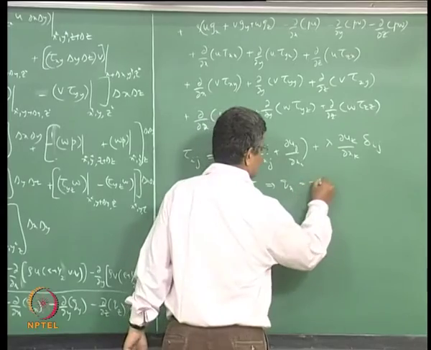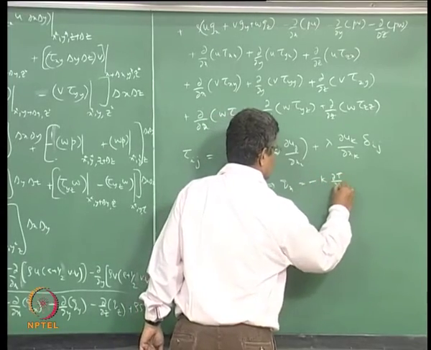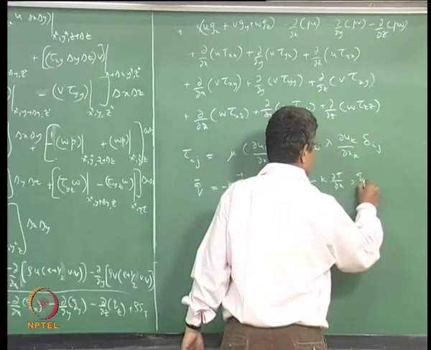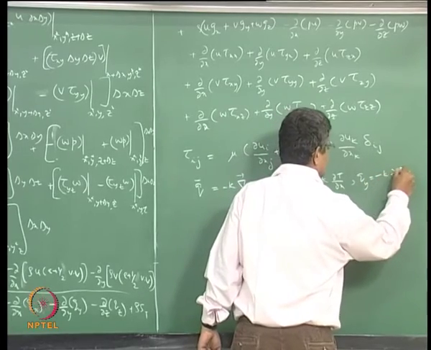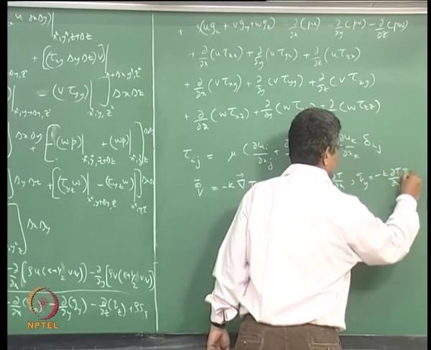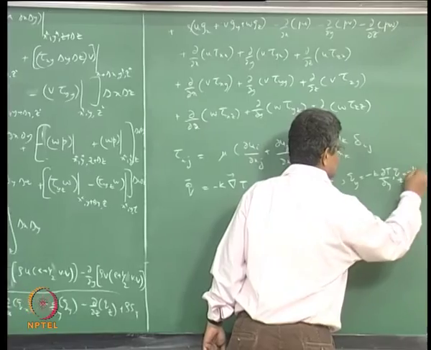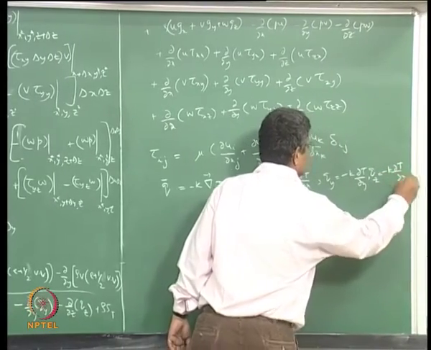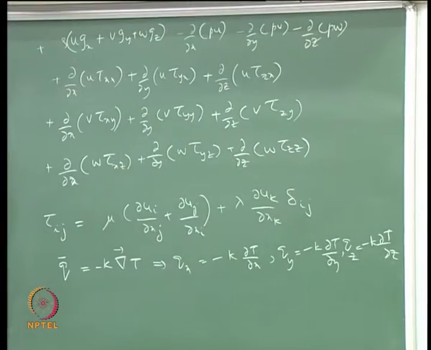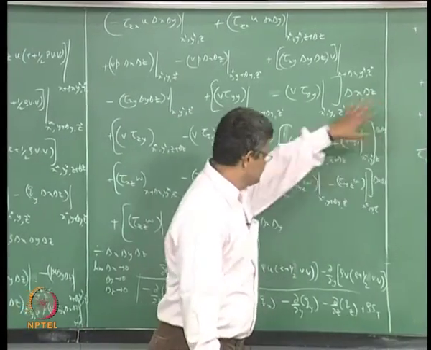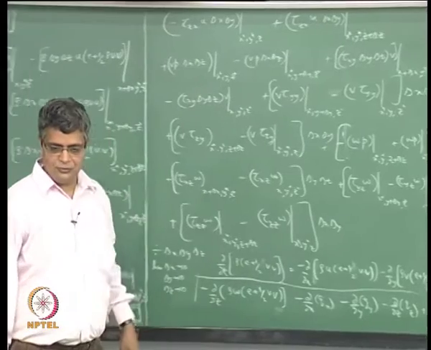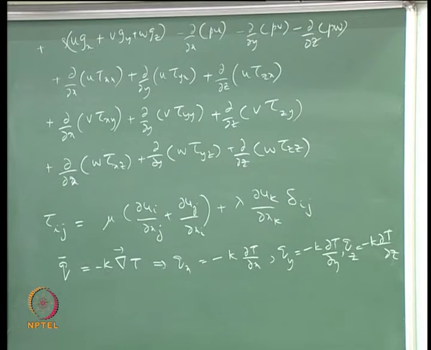So qx is equal to minus k ∂T/∂x, and qy is minus k ∂T/∂y, and qz is minus k ∂T/∂z.